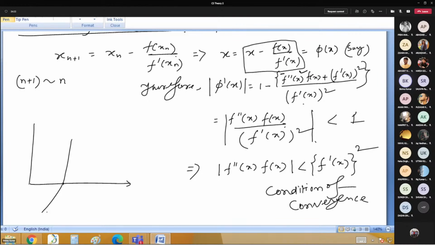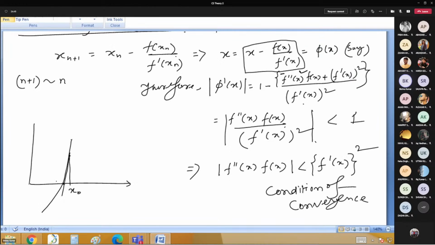Tell me, whatever initial condition you put here, suppose I am considering this initial value x. If I draw a tangent here, that tangent cuts the x-axis near the solution.